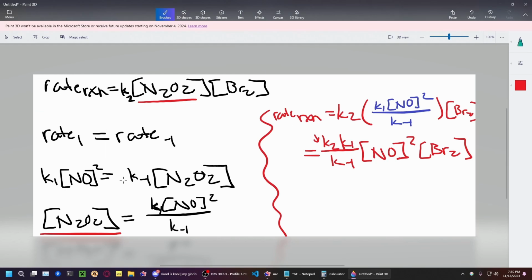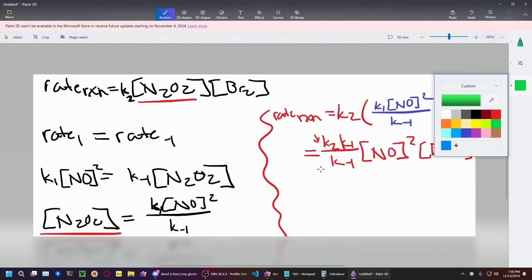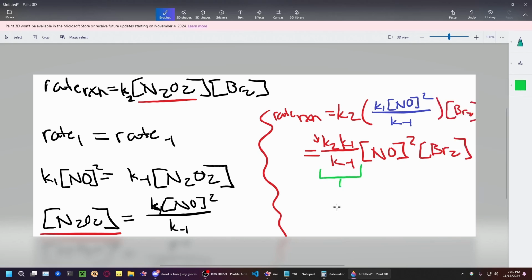K1 is the constant for going from NO to N2O2, and K inverse 1 is the constant going back from N2O2 to NO. So my overall rate constant is if I multiply these two and I divide by this. So this entire part can just be called K. And then of course I'm going to pull down my NO squared and my Br2.